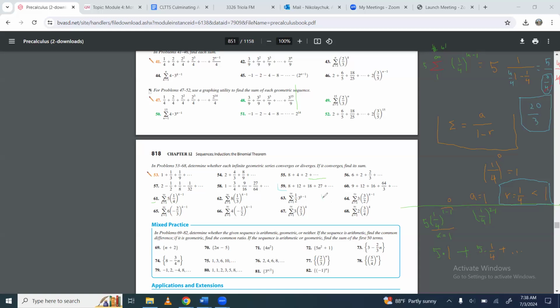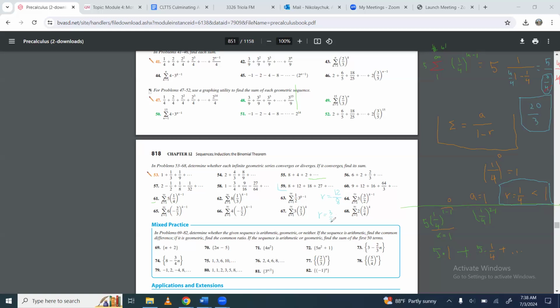If you think about the ratio of these terms, you always divide the previous term into the following one. If you divide 12 by 8, you get 3/2, and it's more than 1.